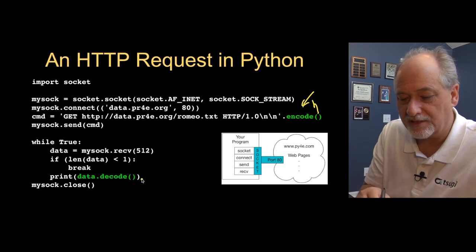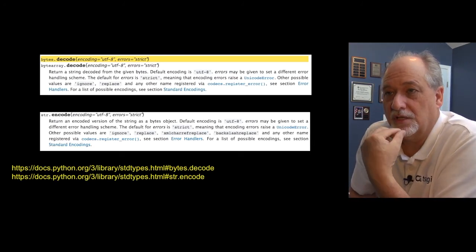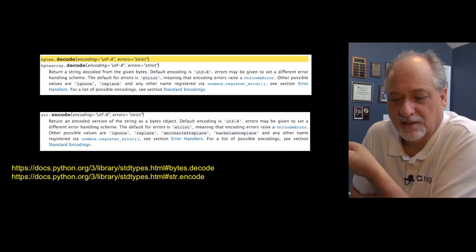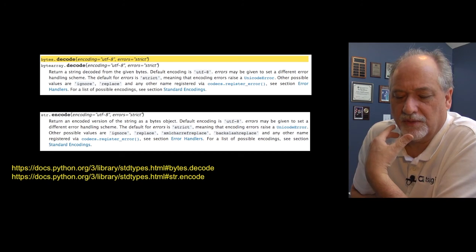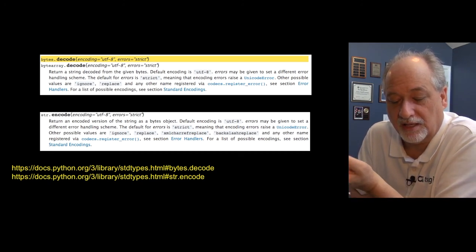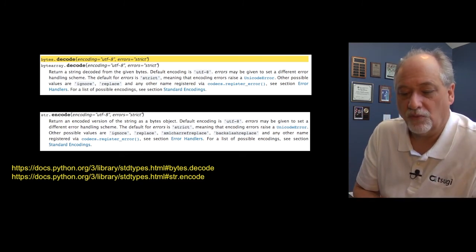And that's how this ends up working out. If you look at the documentation, you will see that sometimes it says it's a string or it's bytes. You take a byte array and you decode it to get a string, and you take a string and encode it to get a byte array.